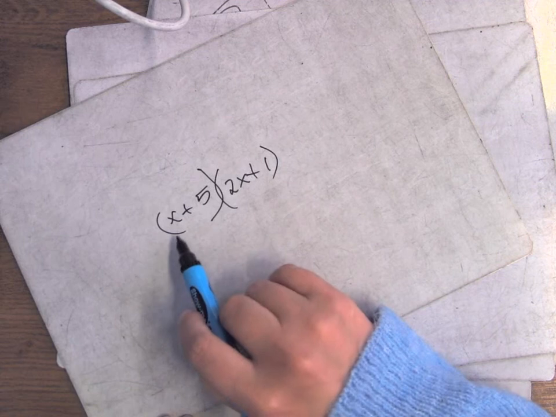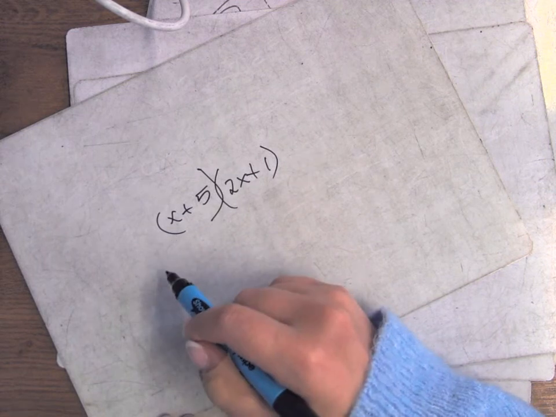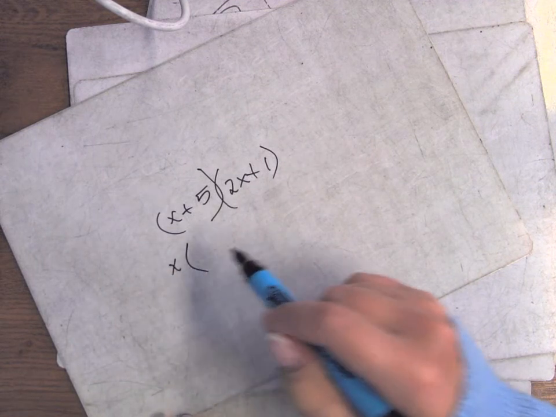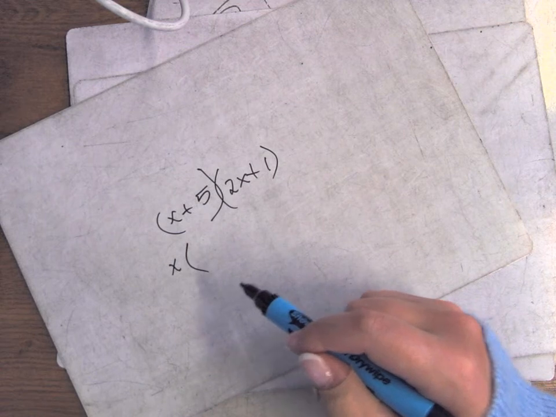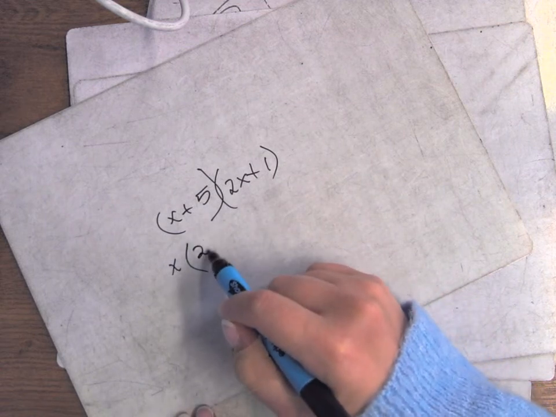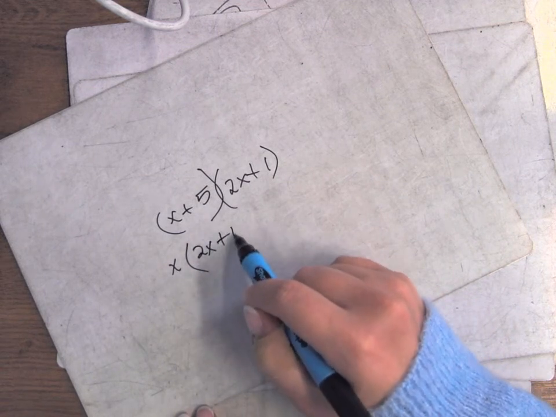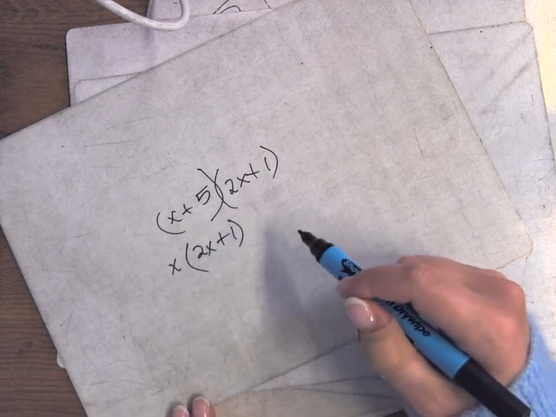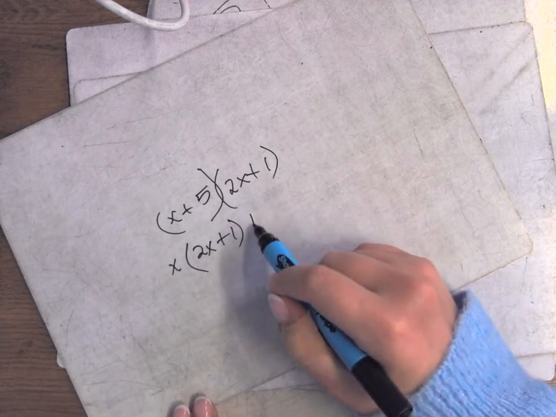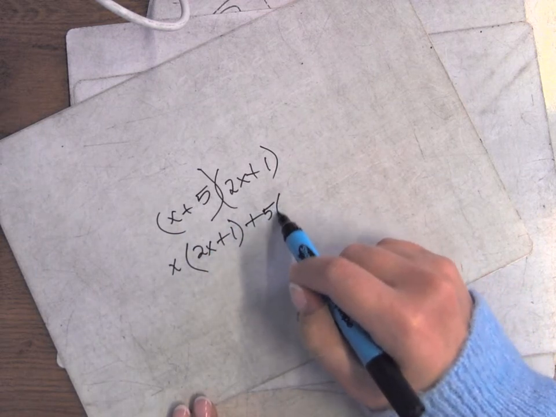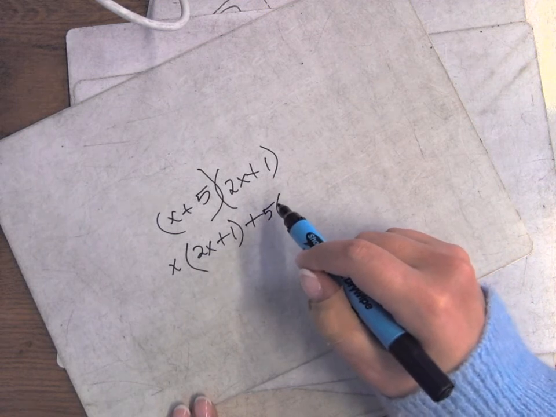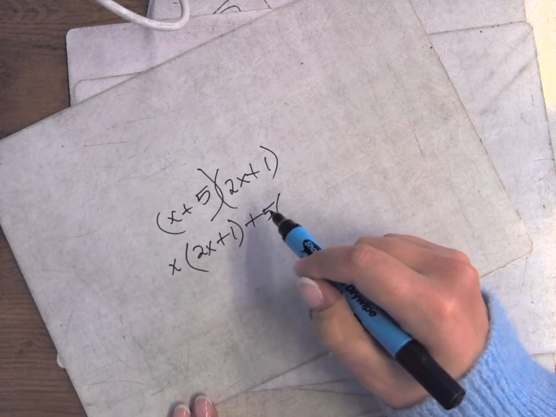So take the first term in the first bracket, which is x, multiply it by the second bracket. What's the second bracket? 2x plus 1. Take the rest of the first bracket. What's that? Plus 5. And multiply it by 2x plus 1.